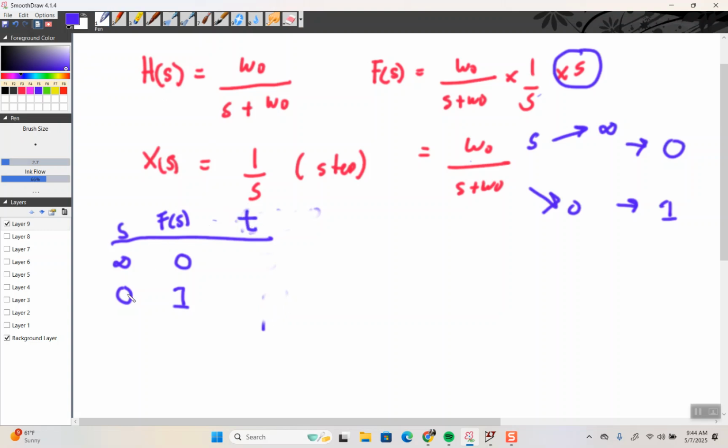S at infinity makes t 0. S at 0 makes t infinity. So f of t, and let's make sure I get it right. So at infinity, f of s goes to 0. Infinity means t is 0. F of t is at 0. And this is the opposite.